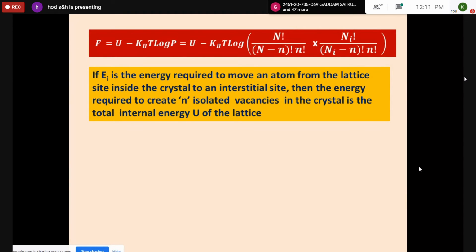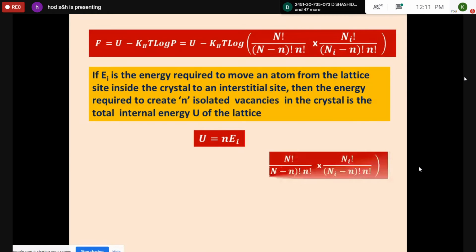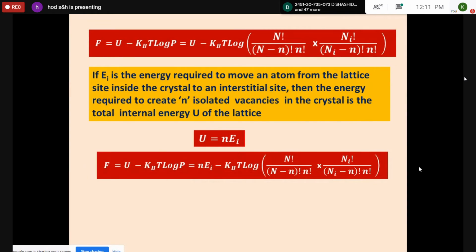So the total energy required to create n isolated vacancies in the crystal can be represented by the internal energy, which is given by U is equal to nEi. So finally, Gibbs free energy F is equal to nEi minus kBT log of N factorial by (N minus n) factorial into n factorial, into Ni factorial by (Ni minus n) factorial into n factorial.